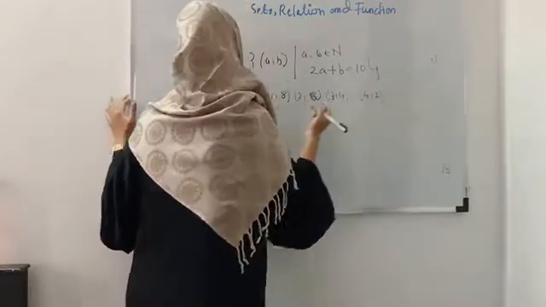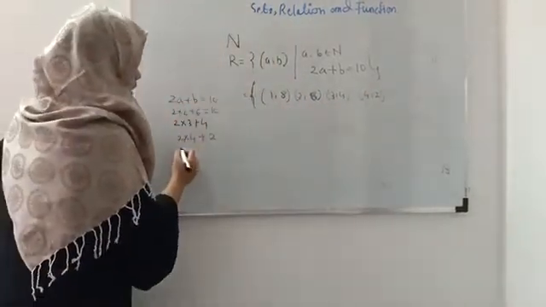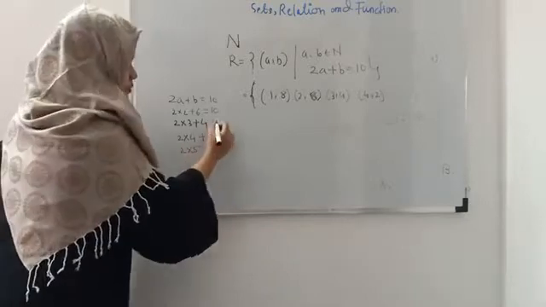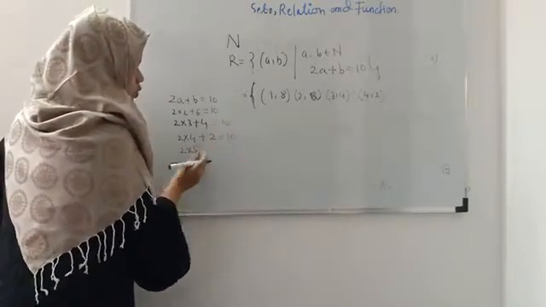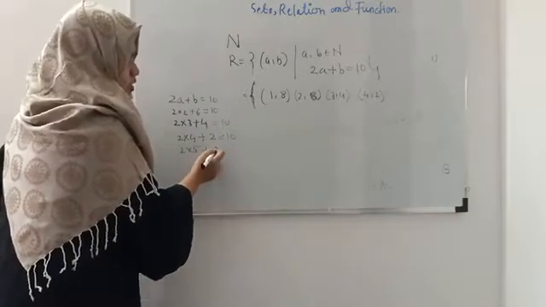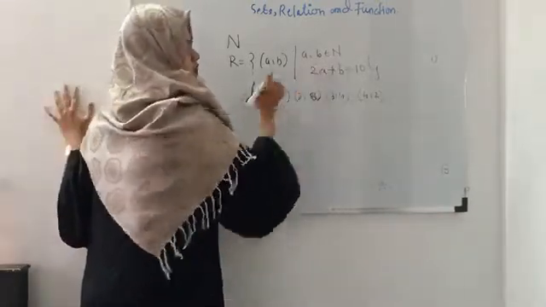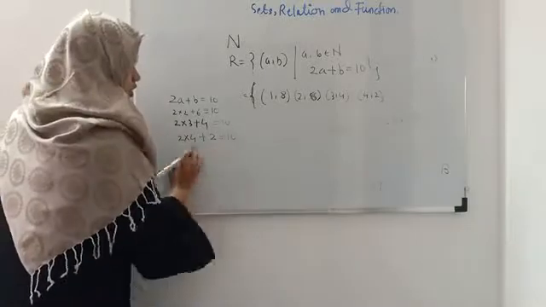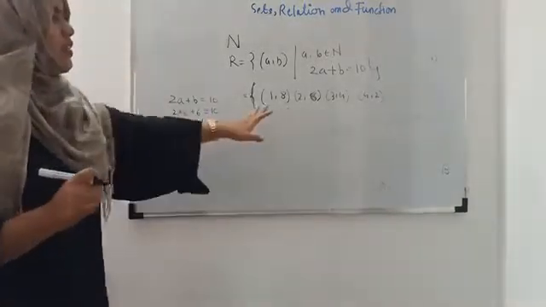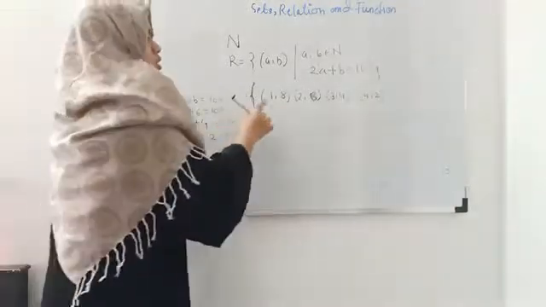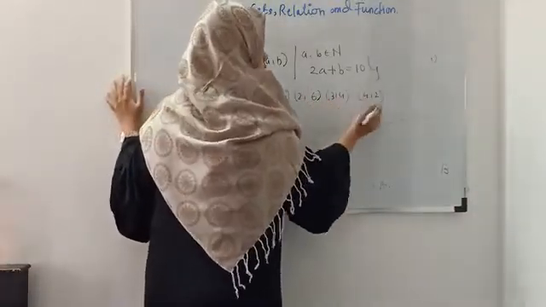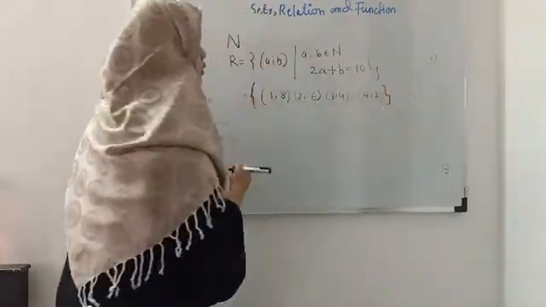And then the last one: if I take 2 into 5, 2 into 5 is 10, but here we have to take b as 0, and 0 does not belong to the natural numbers, right? So we cannot take this case. So only 4 elements will be there in this relation: (1,8), (2,6), (3,4) and (4,2), right?